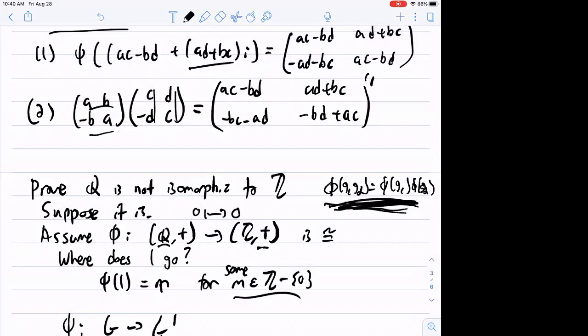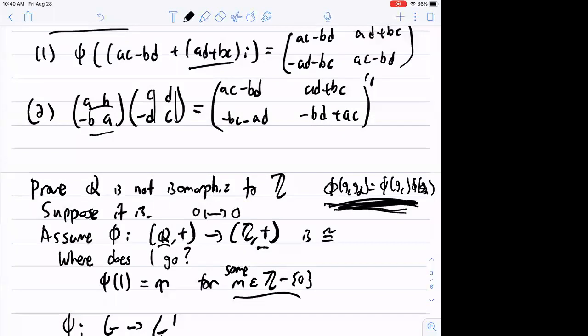If any of you have taken Math 140, or maybe you heard that both rational numbers and integers are countable, so there are bijective maps from integers to rational numbers and vice versa.